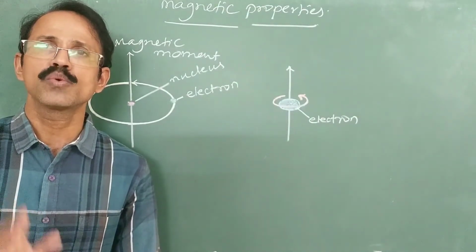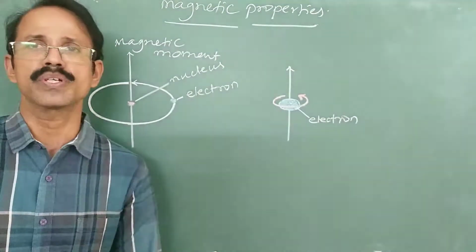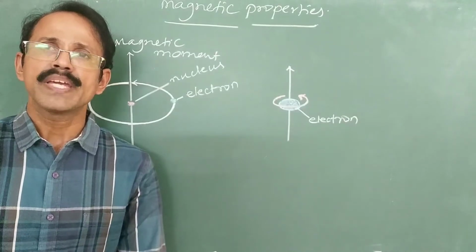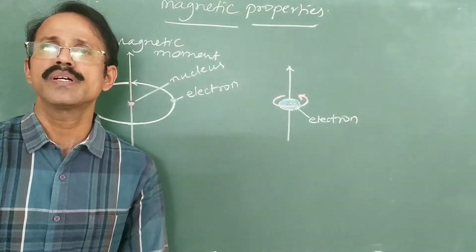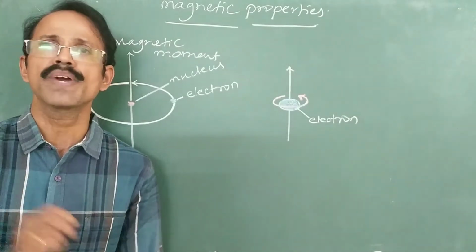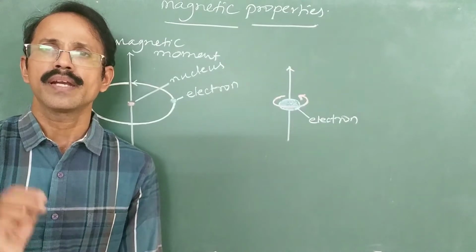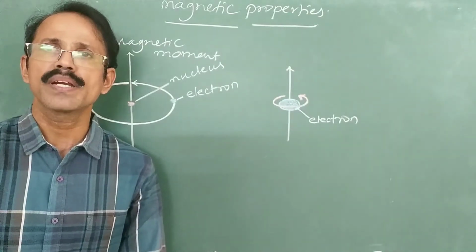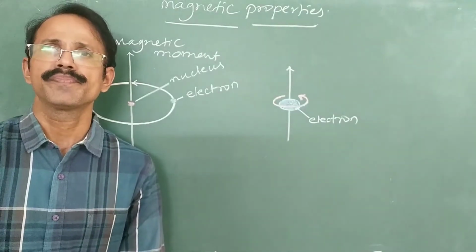So there are two types of motions. One is orbital motion, the other one is spin motion. Now the electron being a charged particle and having these two types of motions can be considered as a loop of electric current. Thus it behaves like a magnet.